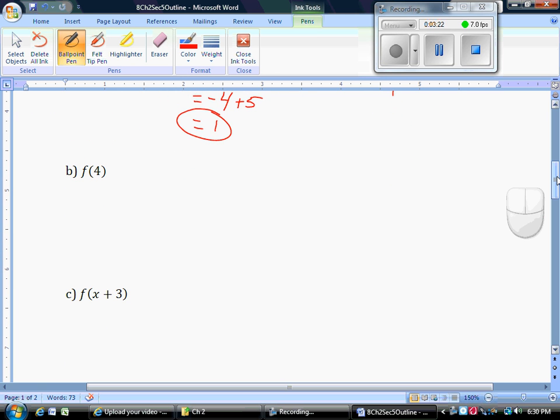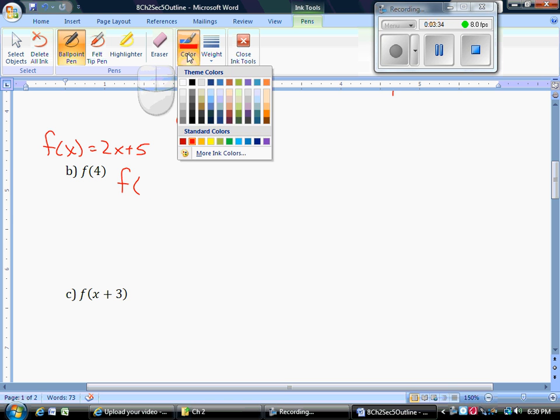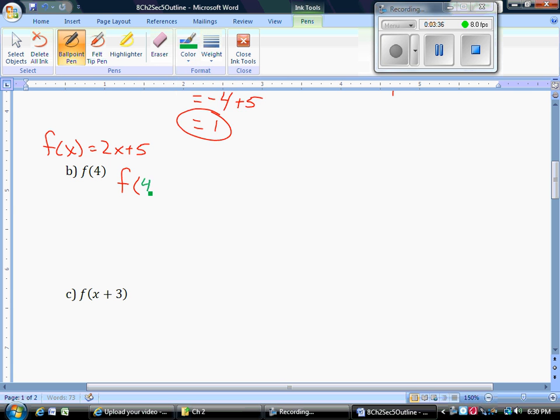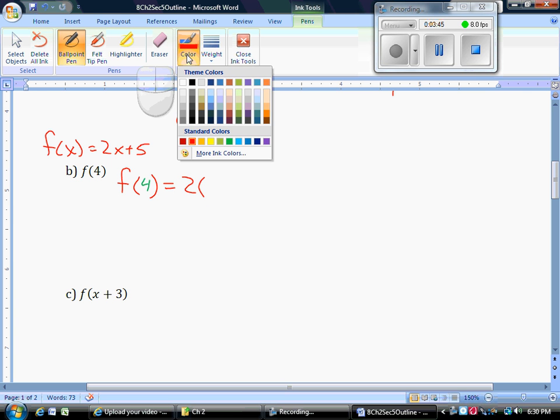Using the same function, we still have f of x equals 2x plus 5. Now we're going to do f of 4. So f of 4 is equal to 2 times, I'm replacing my x with the number 4.